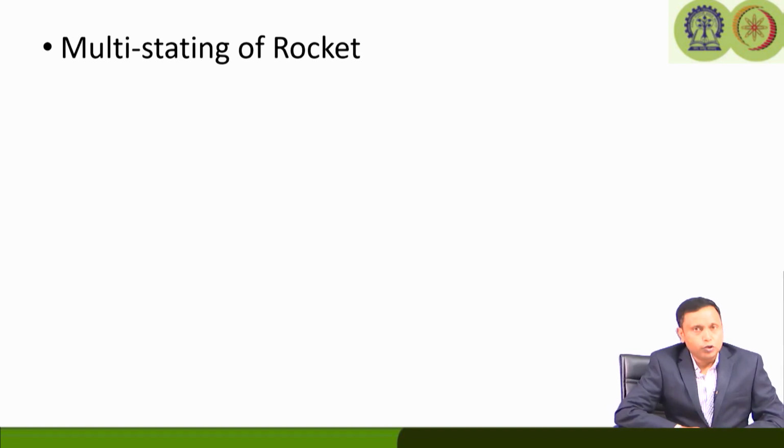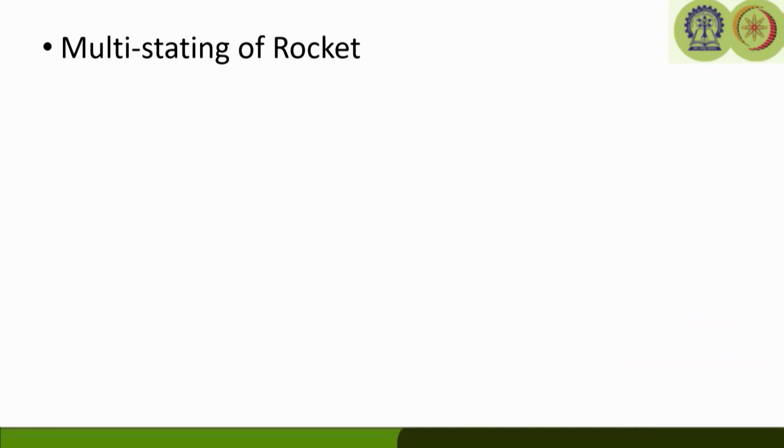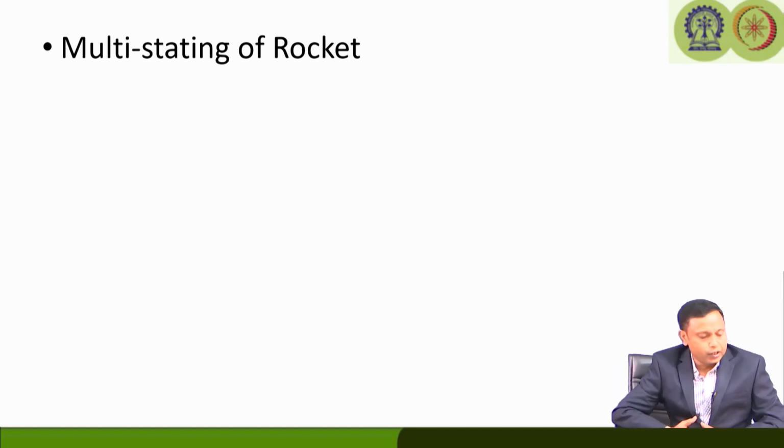Now, multi-staging in a rocket is the design concept where we make the velocity increments stepwise or stage wise. So, here the strategy is to make ascent missions more efficient by dividing the total rocket into a number of sub rockets called stages.